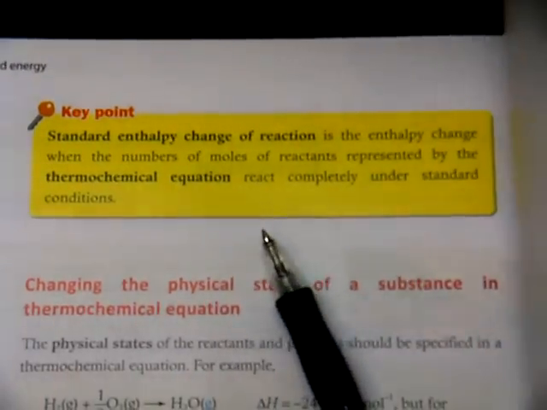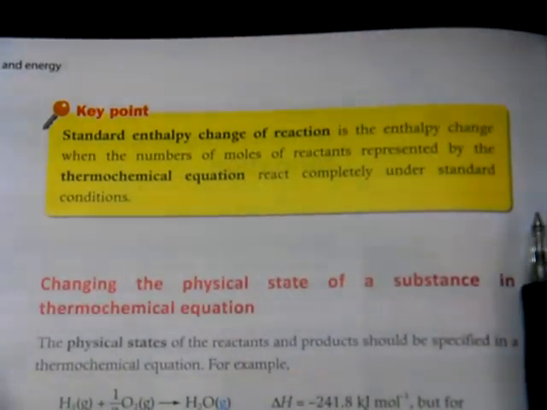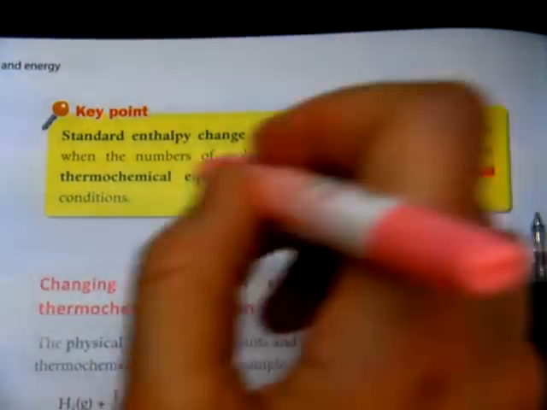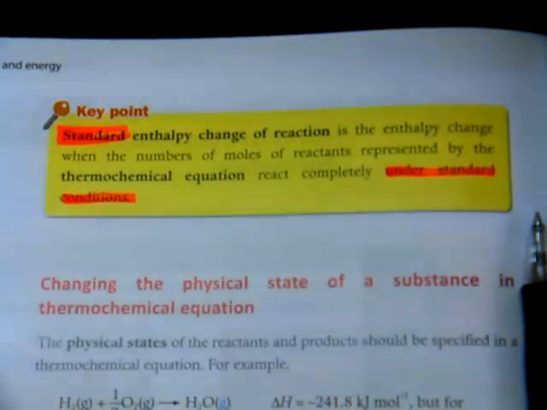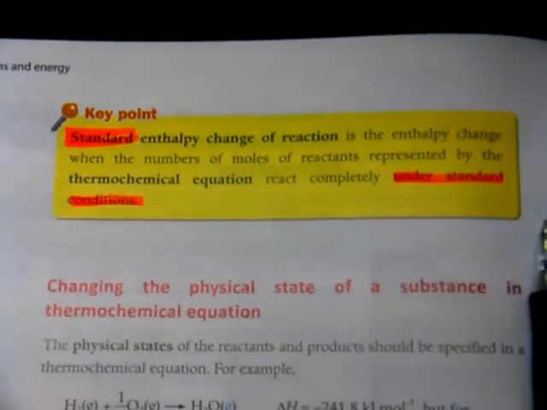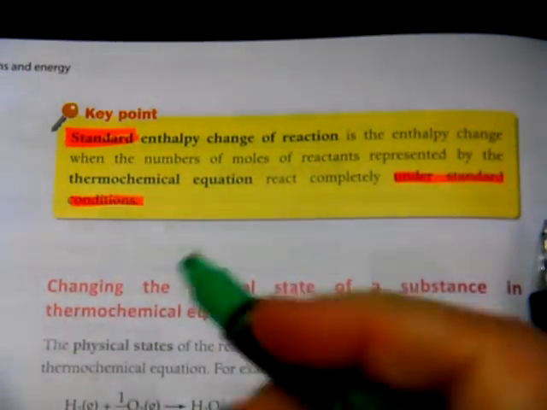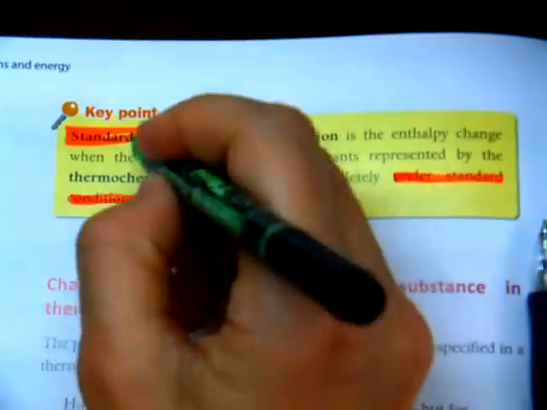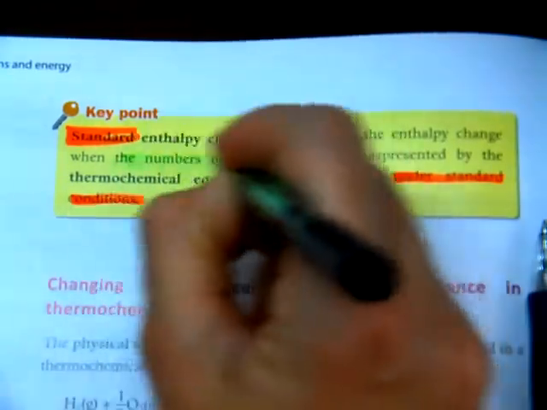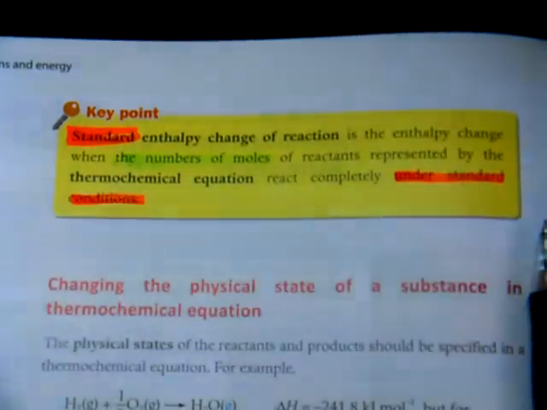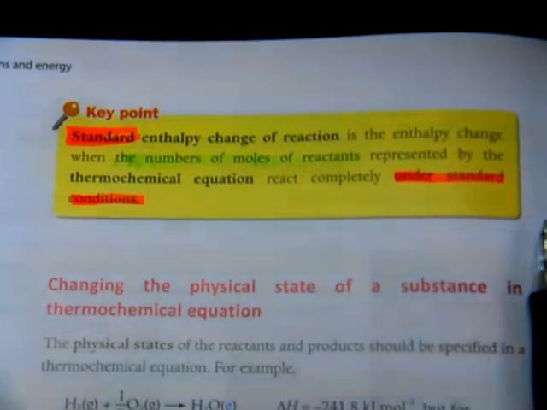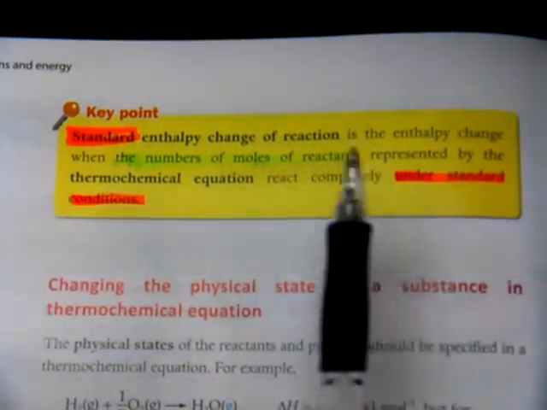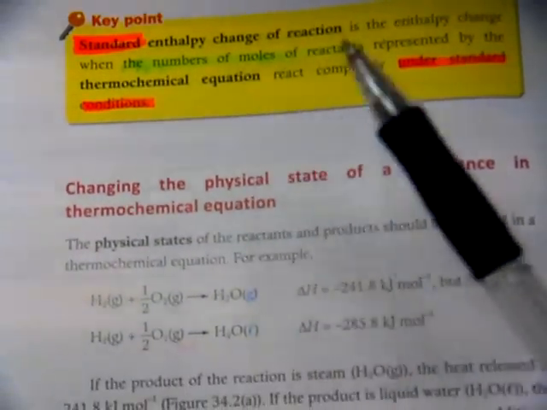Use a highlight pen, highlight under standard conditions, because we are talking about standard enthalpy change. Underline this first, and then use another color to highlight when the number of moles. We must specify clearly the number of moles of reactants reacted. Okay? I will emphasize this point later.